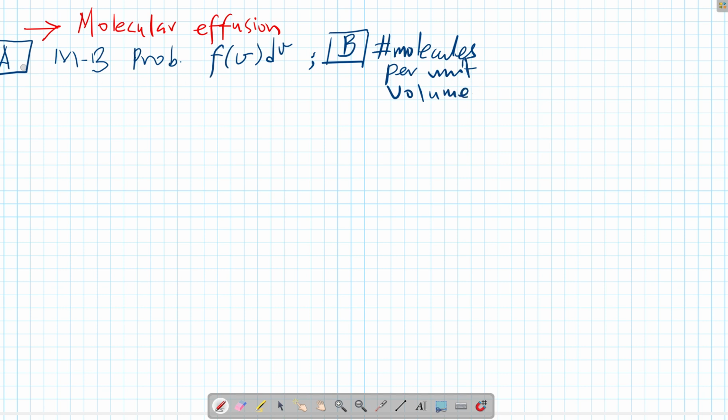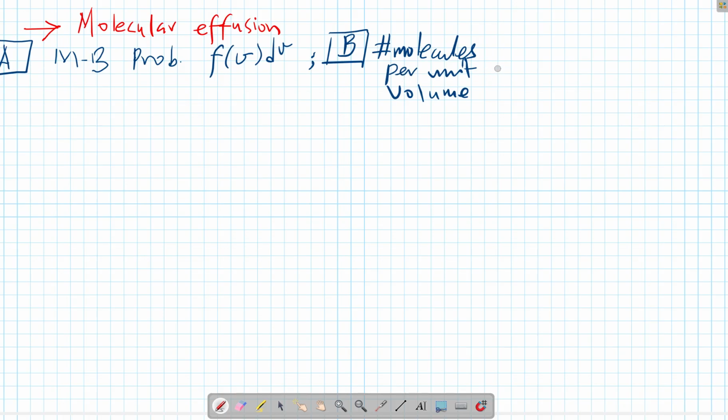So in A we were talking about a single molecule. Here in B it's the number of molecules having their speed in the range from v up to v plus dv.